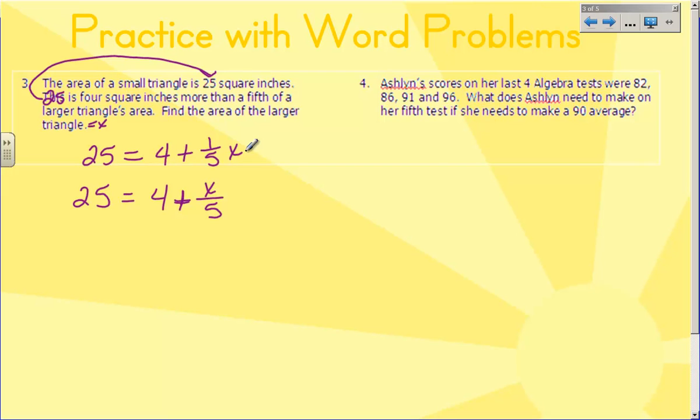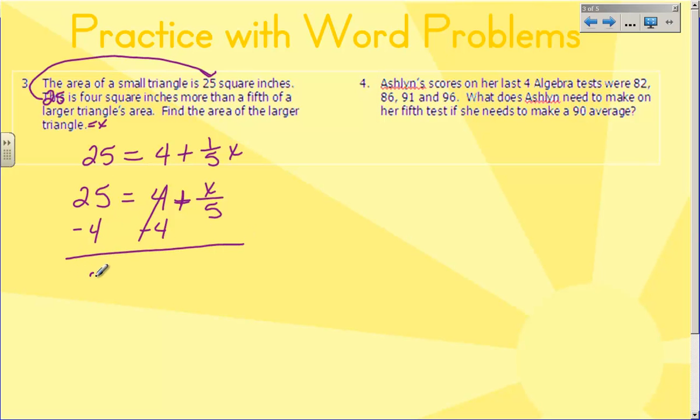So now I have to get rid of what is being added or subtracted. This problem works a little differently because what is being added is this 4. It's 4 plus. To determine whether I have to add or subtract to solve, I have to look at the sign in front of the number, not what's behind it. This 4 is positive. The opposite of a positive 4 would be a negative 4, so I will subtract 4 from each side.